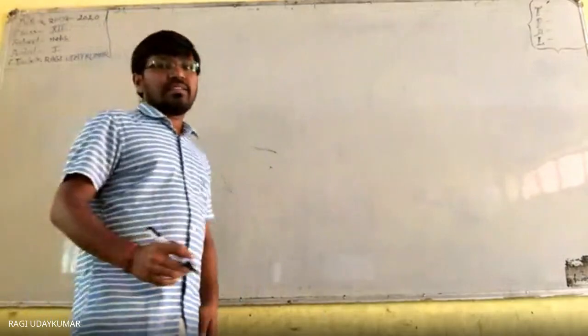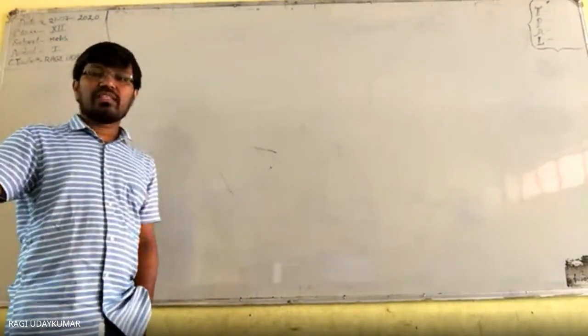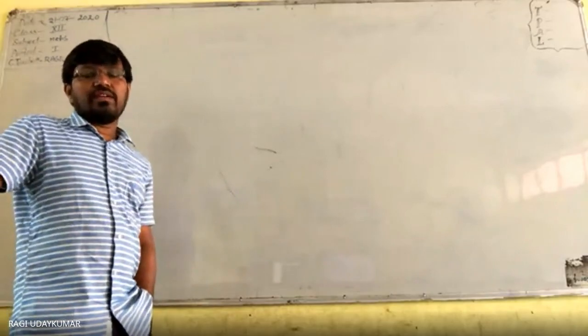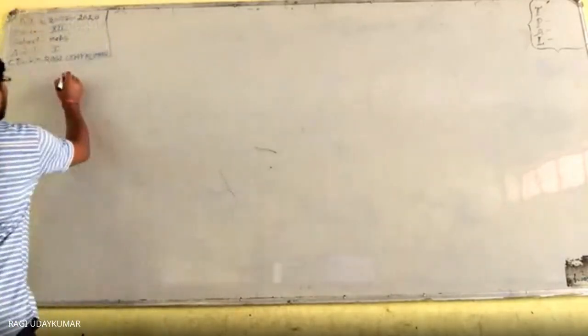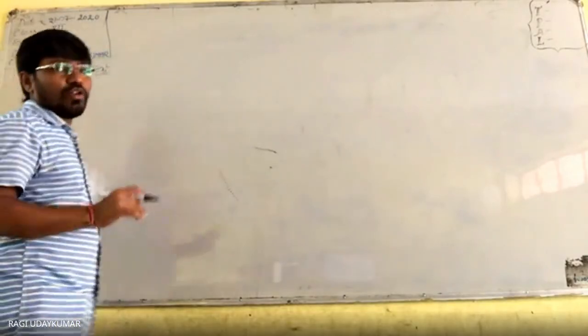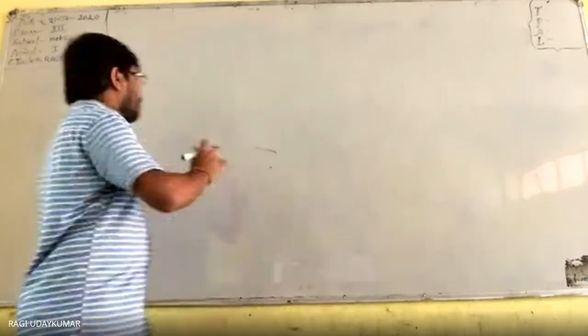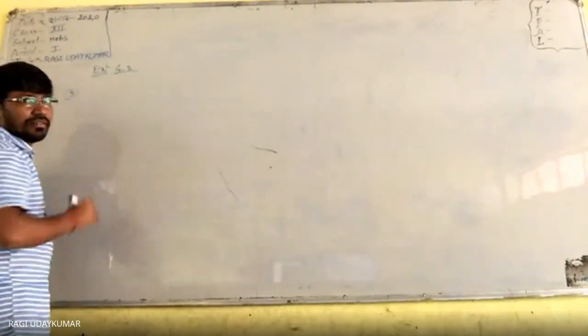In the previous class, we learned the properties of determinants, and how, using those properties, we find the determinants of different matrices. In that part, I asked you one question, the third question.